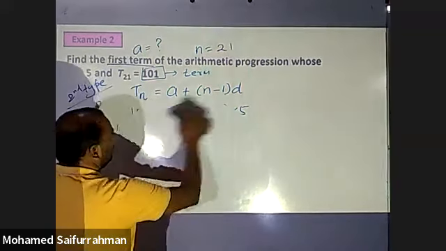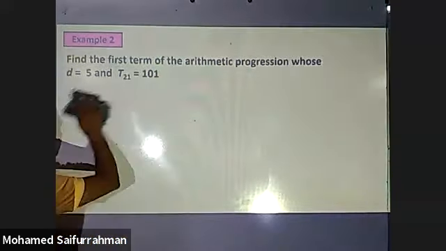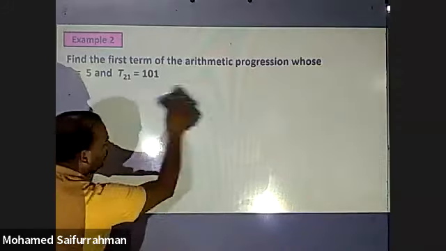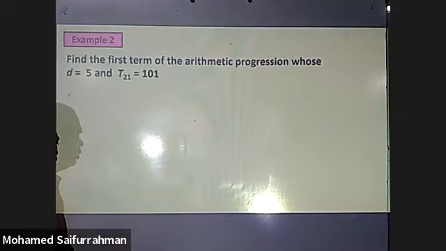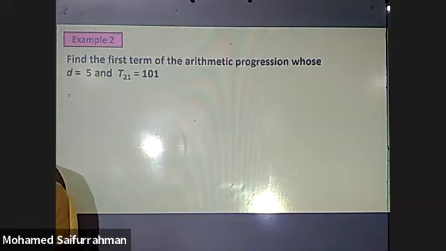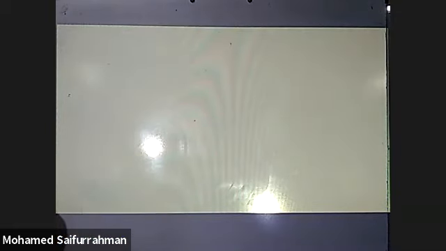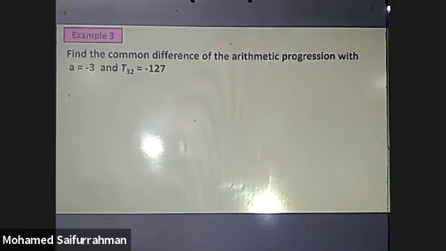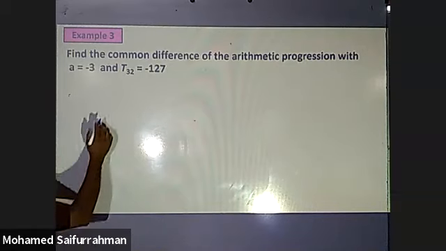Okay, we move to the third type, and let's see how to find D using the same equation. Example number 3: find the common difference of the arithmetic progression with A equal to minus 3 and T32 equal to minus 127.